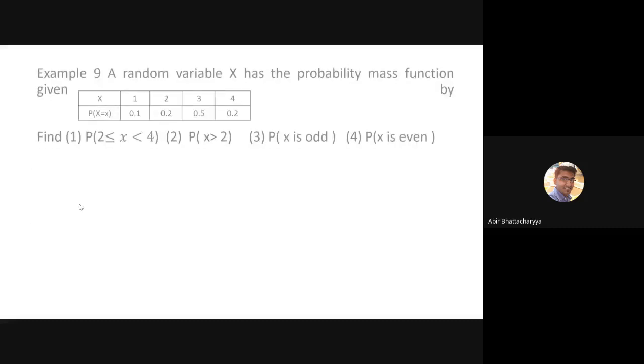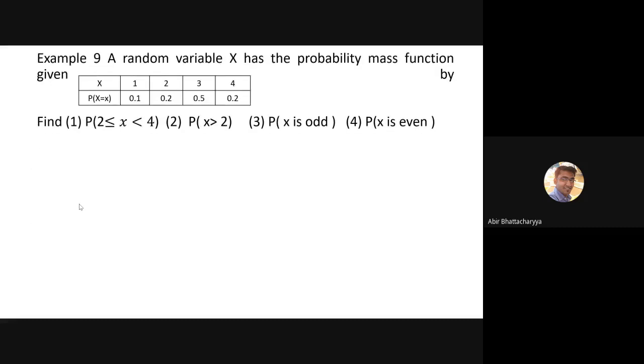Good. Next one is this. A random variable x has a probability mass function given by this. Now find the probability of the values of x whenever it's lying between 2 to 4, where 2 is less than or equal to, and 4 is not less than or equal to, only less than.